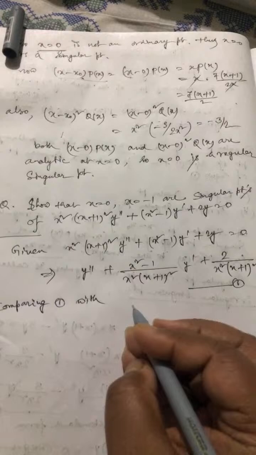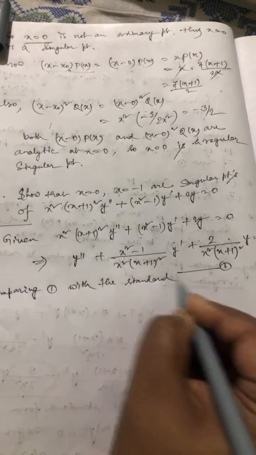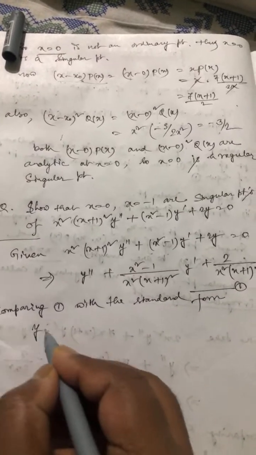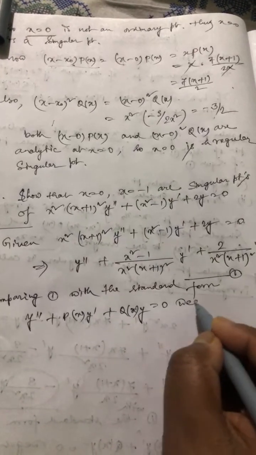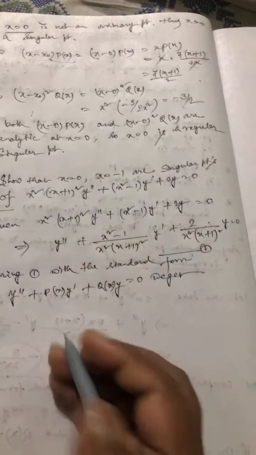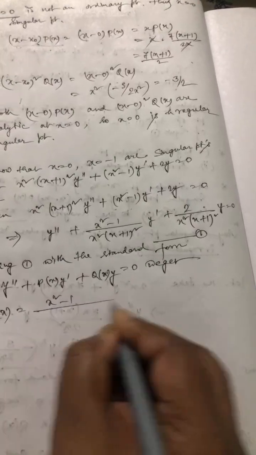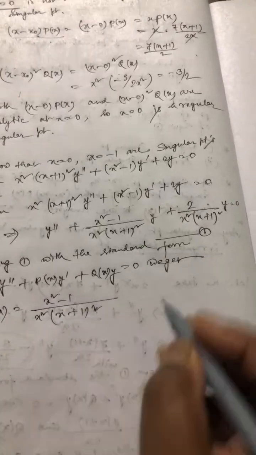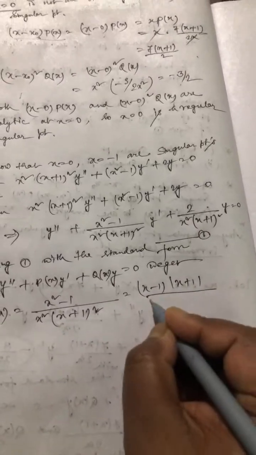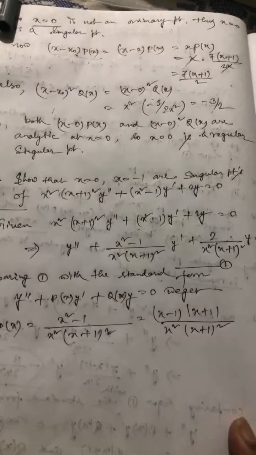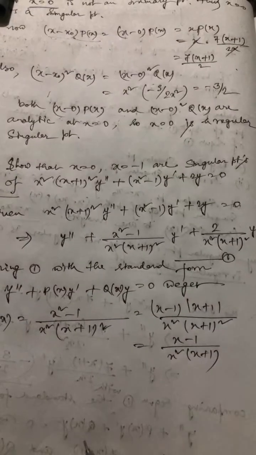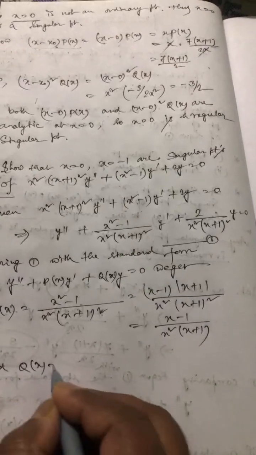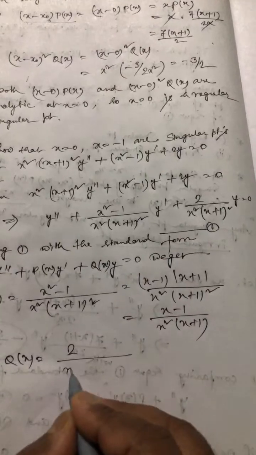Comparing 1 with the standard form, y double dash plus p(x) y dash plus q(x) y equal to 0, we get p(x) equal to (x minus 1) by x square into (x plus 1), and q(x) is equivalent to 2 by x square into (x plus 1) whole square.